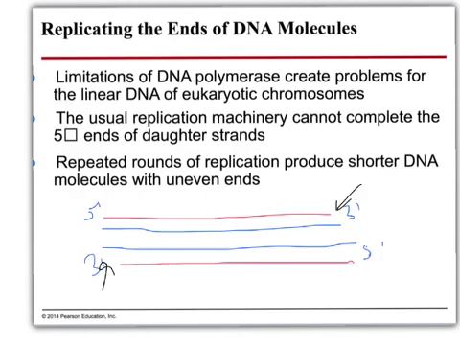There's a certain enzyme that will recognize that they're not completely equal and will extend the length of the synthesized DNA based upon the template that's there. These are telomeres, and the enzyme that does the extension is called telomerase. It's an enzyme that will extend the length of telomeres.